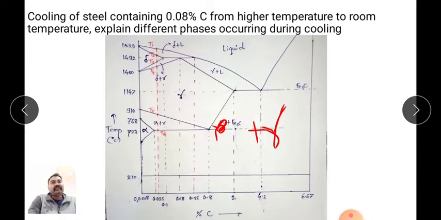That's why in between T1 and T2 we will obtain delta plus liquid, meaning some amount of steel is converted into solid phase, that is delta ferrite, and some amount remains in liquid phase.